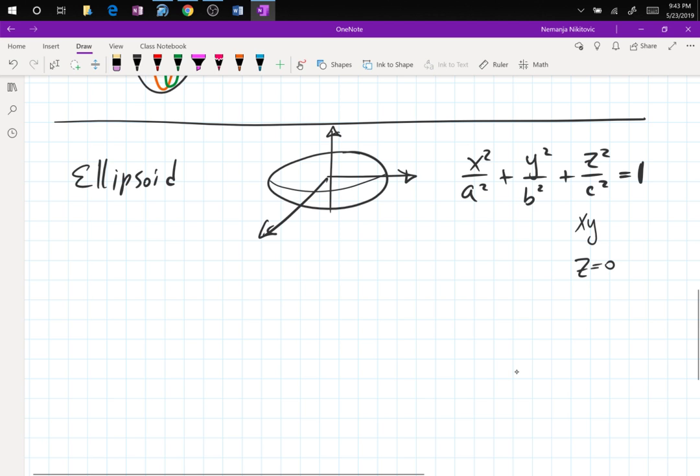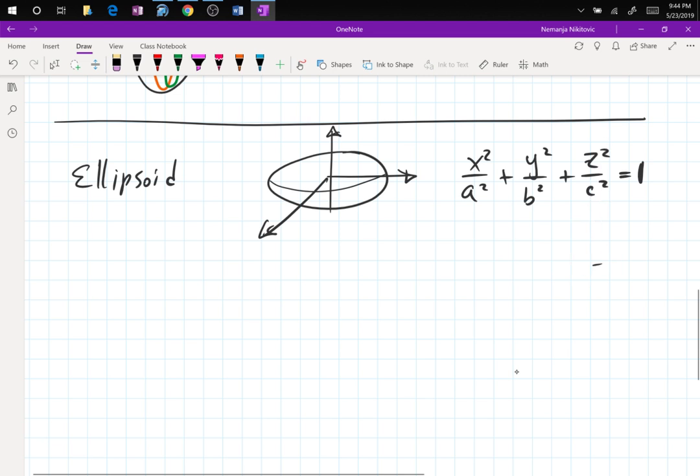Then what we get, oh, it's a watermelon right here, nice. So when I cut the watermelon with the z equals 0 plane, I get an ellipse. Do I get an ellipse? Yeah. That's the equation of the ellipse in 2D, right?